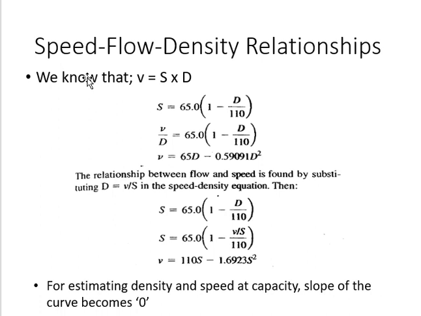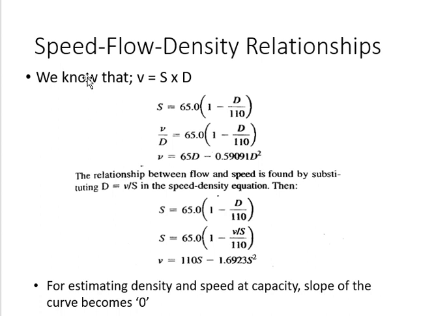So between speed and density, what type of curve did I have? A linear equation. It was a straight line. Between flow and density, it's a curve, right?